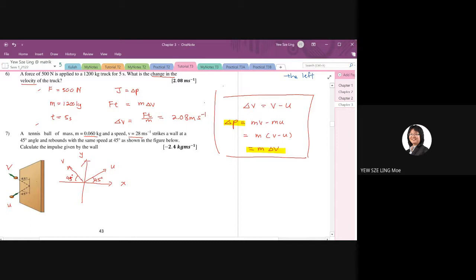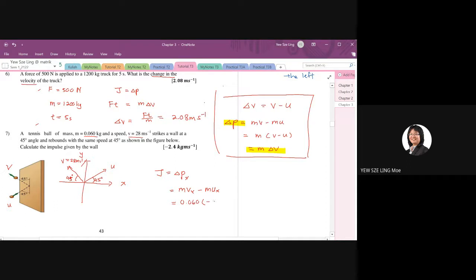Okay, now what do we want? We want the x component only. Therefore, J equals delta P. Now, delta Px equals m Vx minus m Ux, which equals 0.060 kg times Vx. Now I have v equals 28 meters per second, but if you look at my diagram, it is located in the negative x direction.